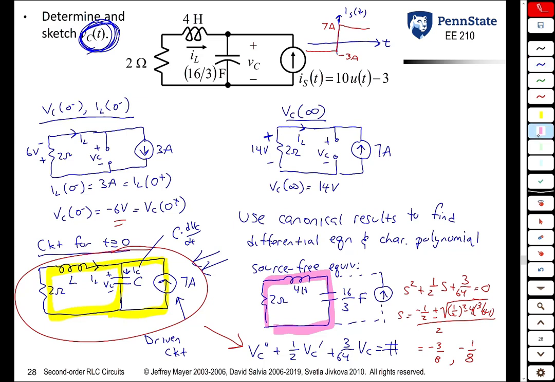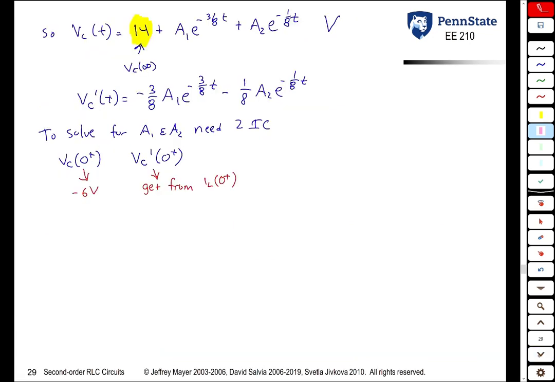It's the sum of IL plus this current here. So IC of t, which by definition is C times Vc prime of t, is equal to IL of t plus 7.